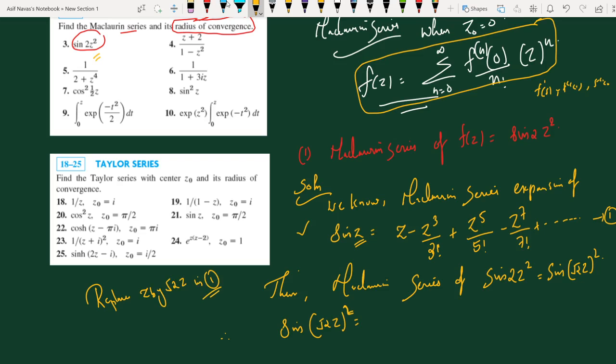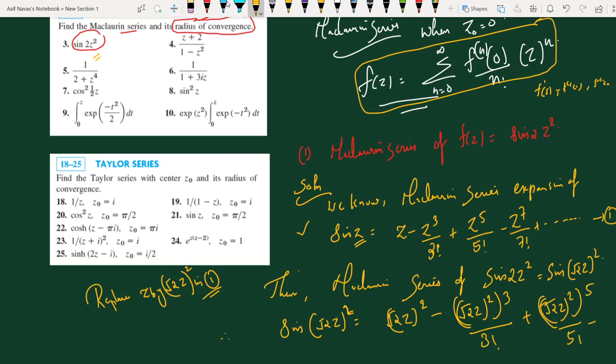So if we replace this, then what you will get: root 2z all square minus root 2z all square all cube divided by 3 factorial plus root 2z all square all raised to 5 by 5 factorial minus etc.